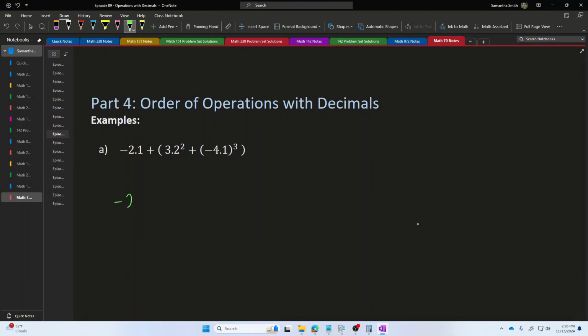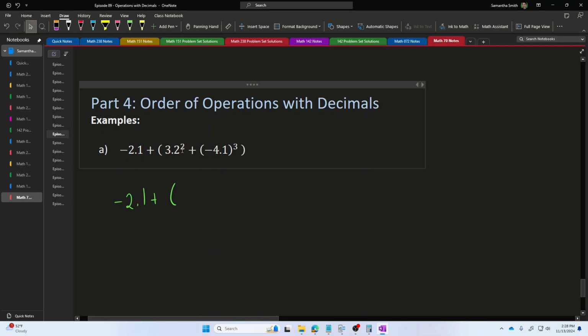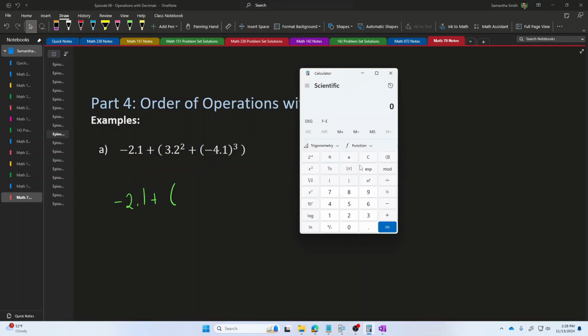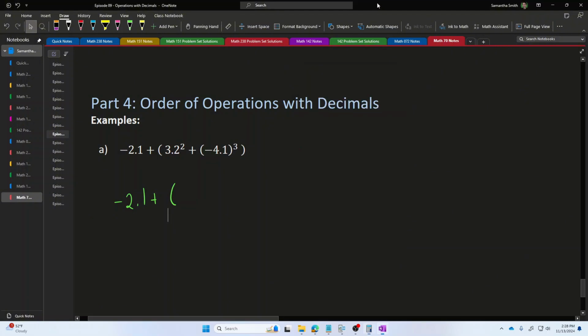So if I work on the two exponents in the parentheses, the first thing I'll need to find is what is 3.2 squared. So in a basic calculator, 3.2 raised to the power 2 gives me back 10.24.